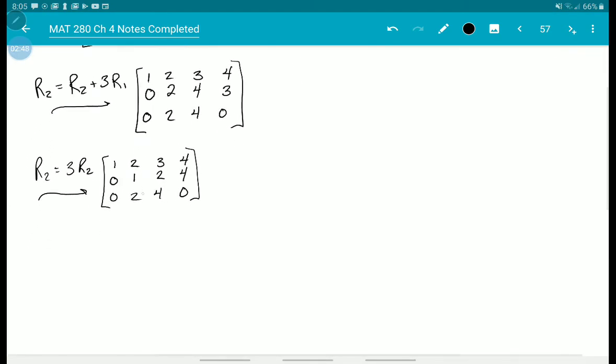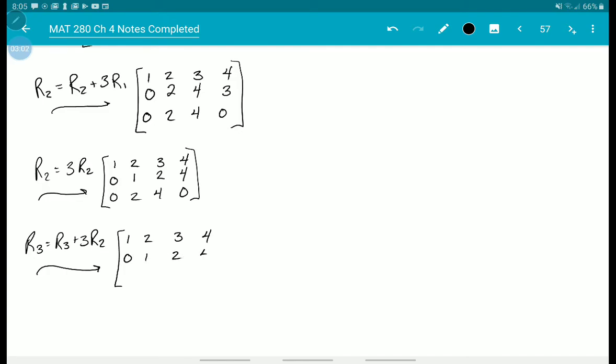Now we need to zero this guy out. So we're going to take row 3 and replace it with row 3 plus 3 times row 2. 2 plus 3 is 0. 4 plus 6 is 0.